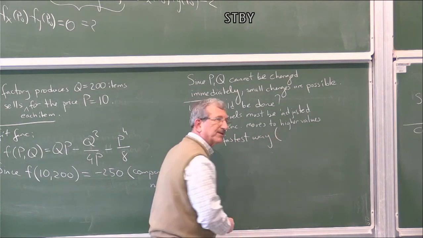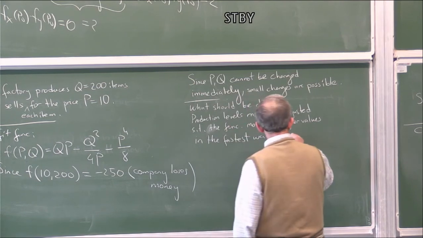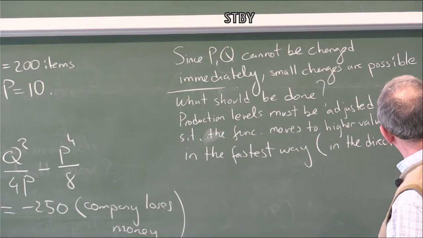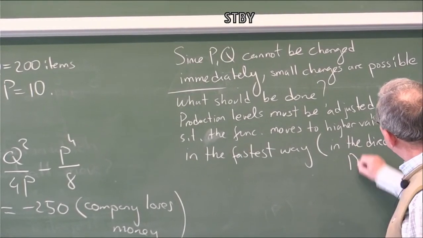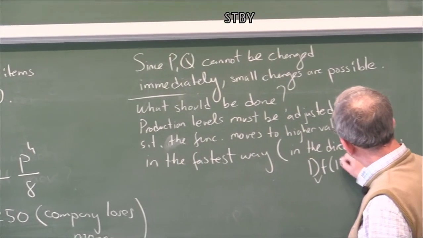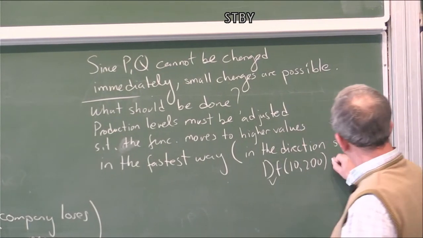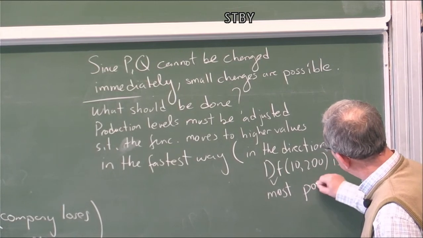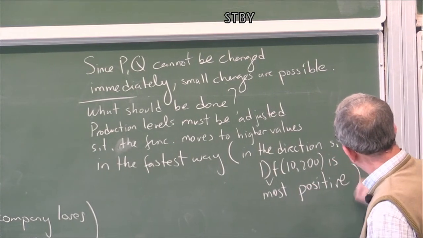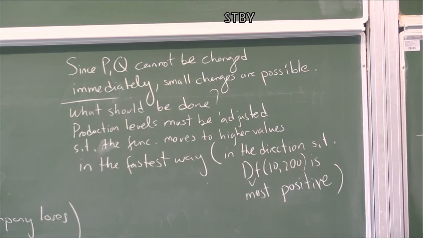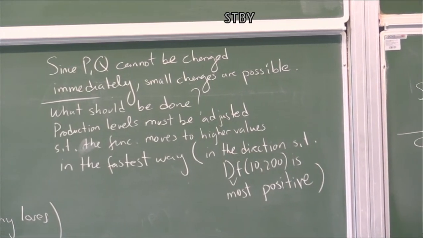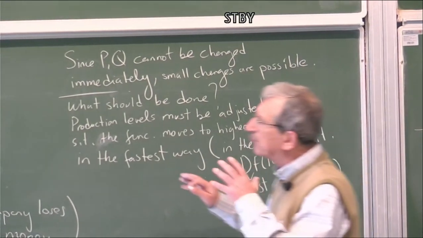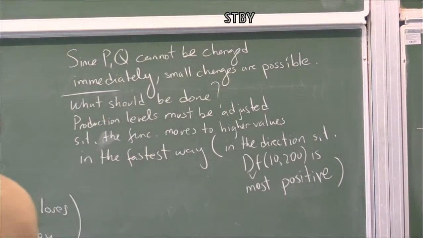Of course, mathematically, this means that in the direction v such that dVf at this production level is most positive. So you will change something very little and you will move the profit in the most positive way.